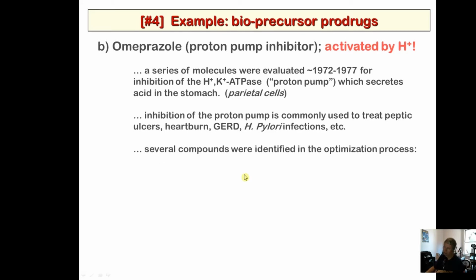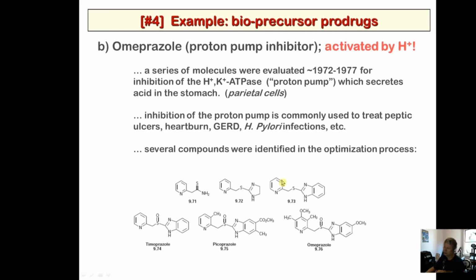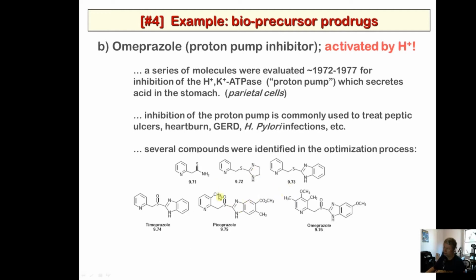So some of the compounds that were identified in the optimization process are shown here. They vary from less complex to more complex, starting with the thioamide pyridine linked compound. And then we have a dihydroimidazole with the pyridine. You can see the resemblance of some of these structures as they varied the structures.